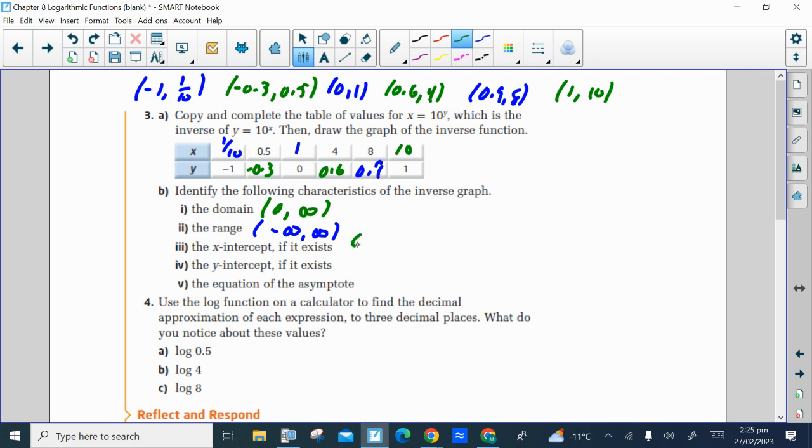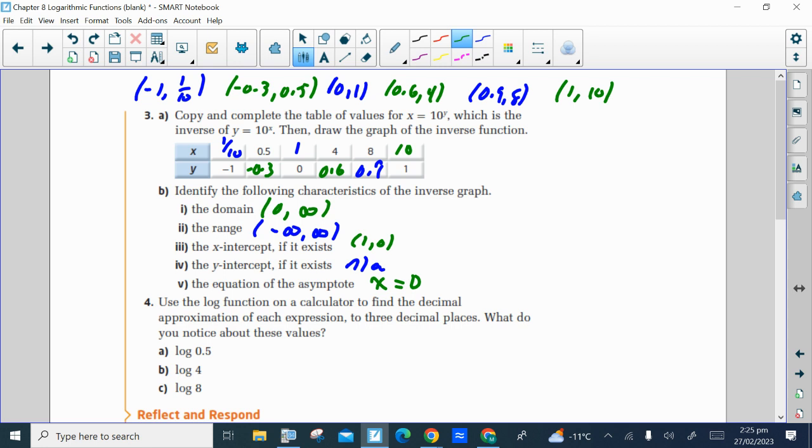This graph has an x-intercept, the point (1, 0), but there is no y-intercept. And again, our asymptote is the y-axis, which is the line x equals 0. Remember that when you look at a function and its inverse, you switch the x and y values around, and that meant that the domains and ranges were also switched around, which is what happened here.